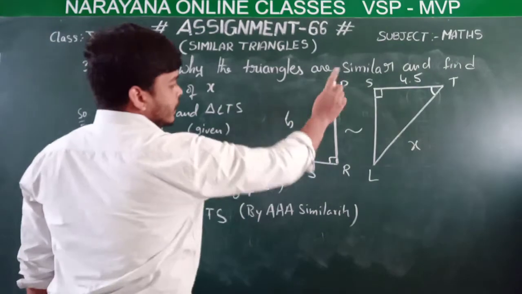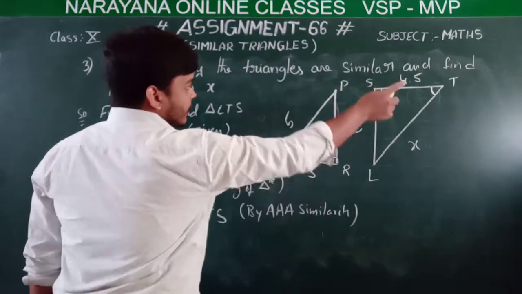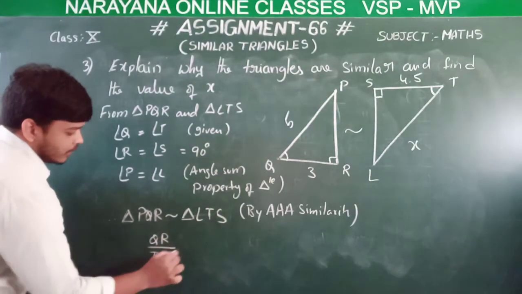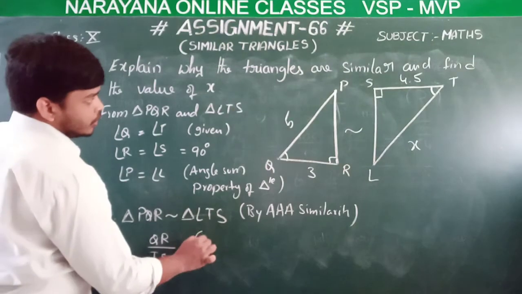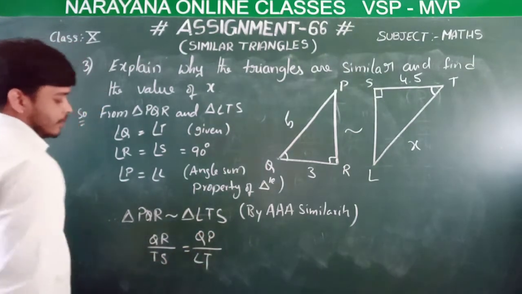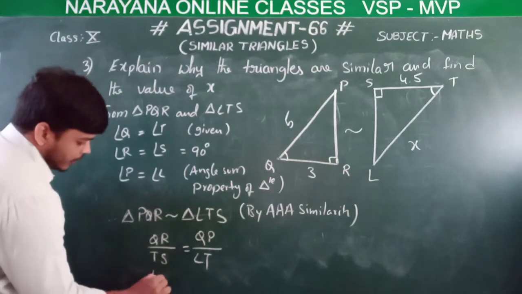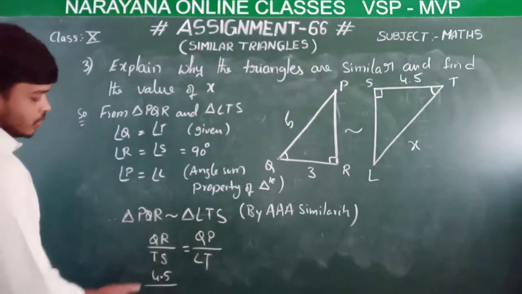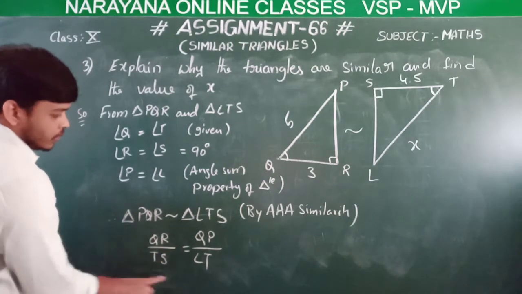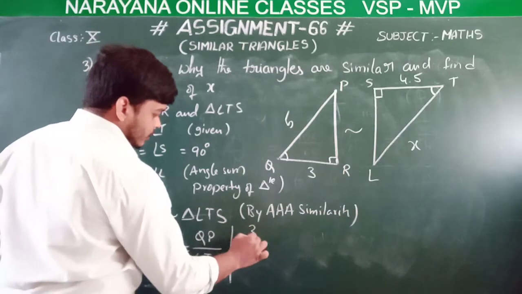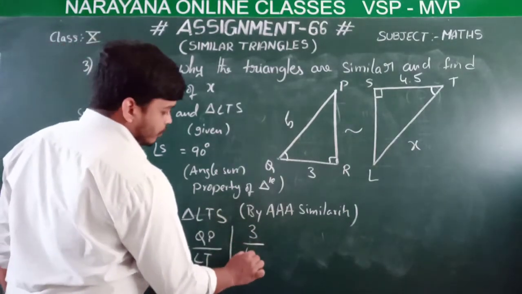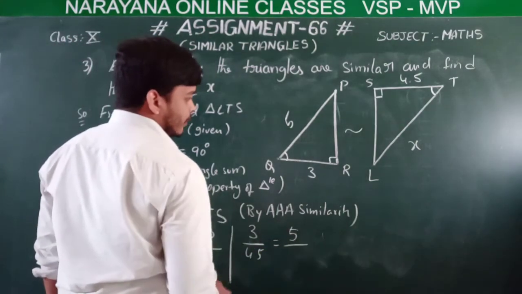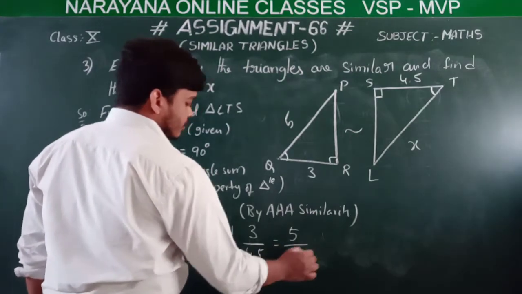So QR by TS is equal to QP by LT. QR is 3, TS is 4.5, QP is 5, LT is x.